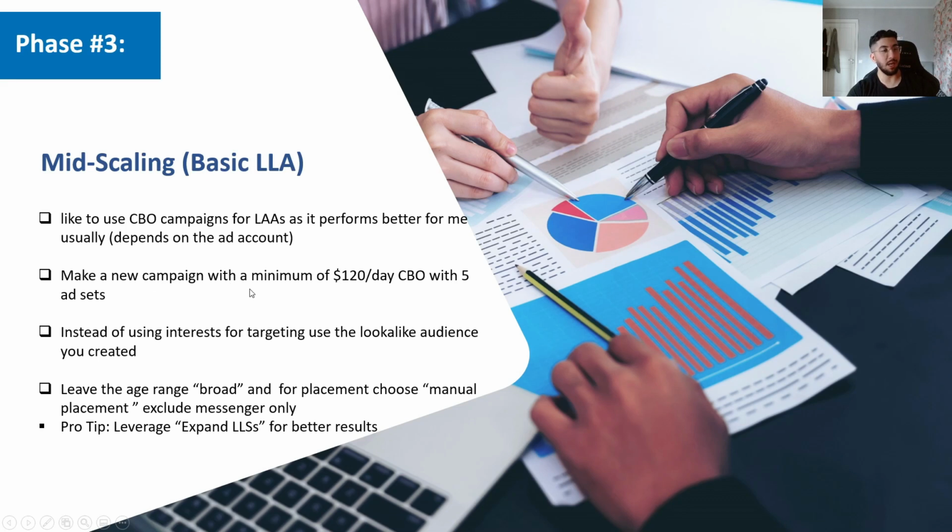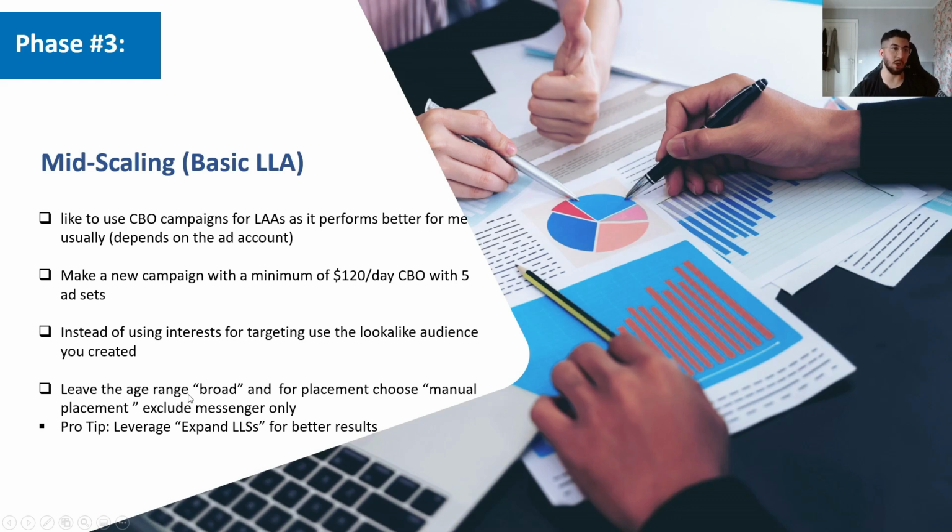So here, make a new campaign with a minimal budget of $120 a day, CBO with 5 ad sets. And in CBO, when I do LLAs, I choose manual placement, for both devices, and I only exclude Messenger. Instead of using an interest for targeting, use the lookalike audience you created, and leave the age range broad.